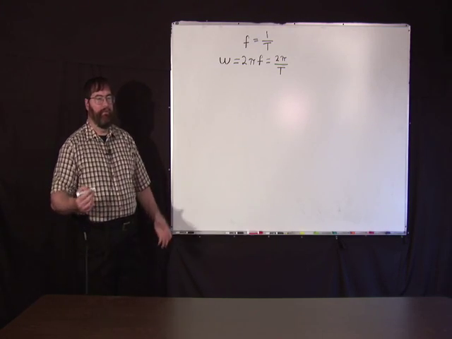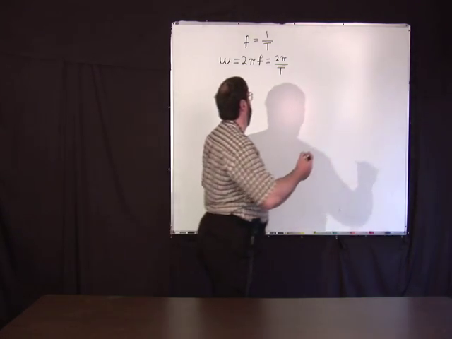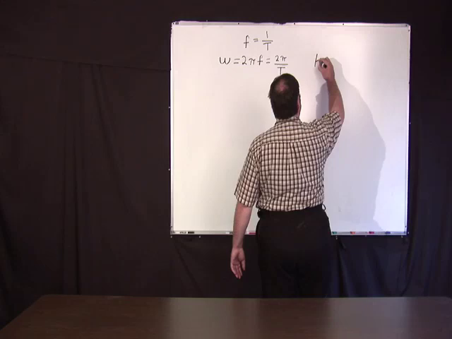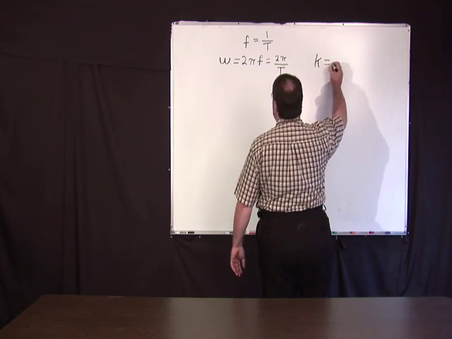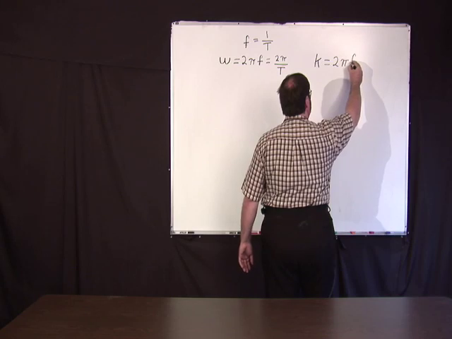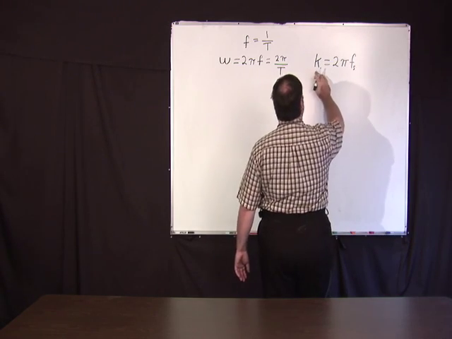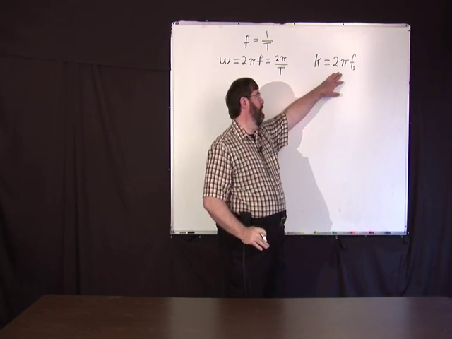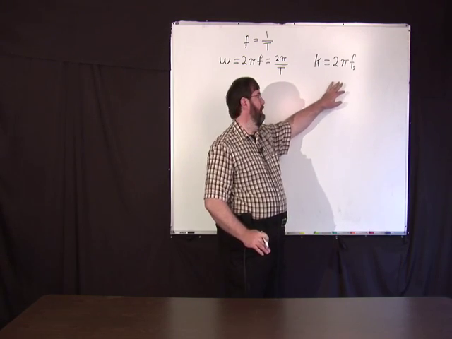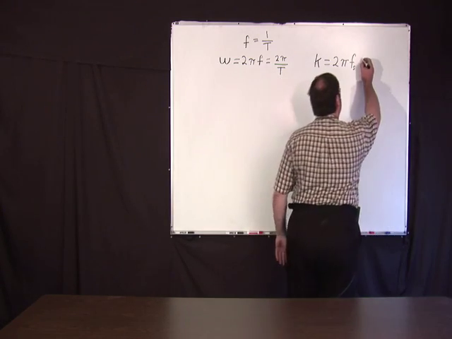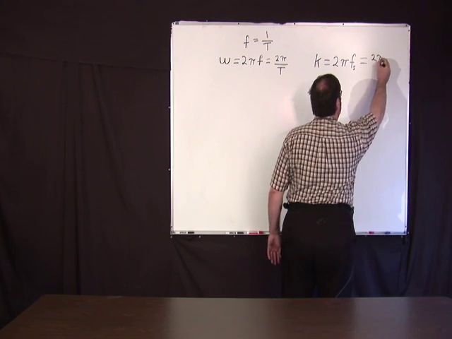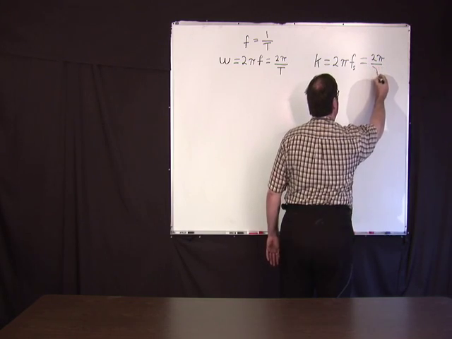Okay, that was talking about periodic phenomena in time. You can also have something that's periodic in space. You can talk about k, which is the wave vector, which is 2 pi times the spatial frequency. Again, this is 2 pi radians per circle, so this is the number of radians per meter, which is equal to 2 pi over lambda.